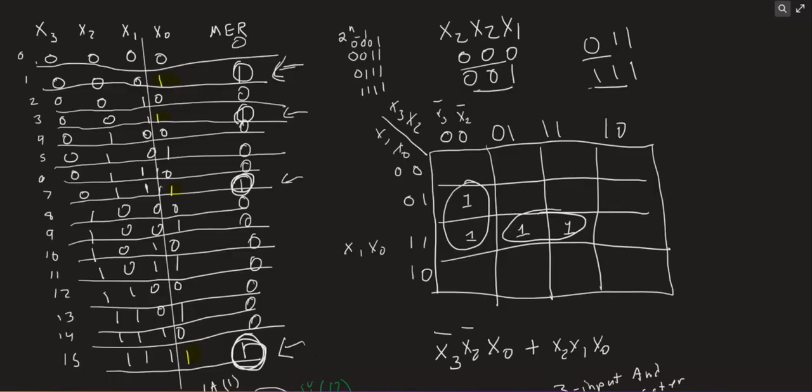Is that supposed to be x3? It is supposed to be x3. So if x3, x2, x1 equals one of these, and x0 equals 1, does that catch everything?